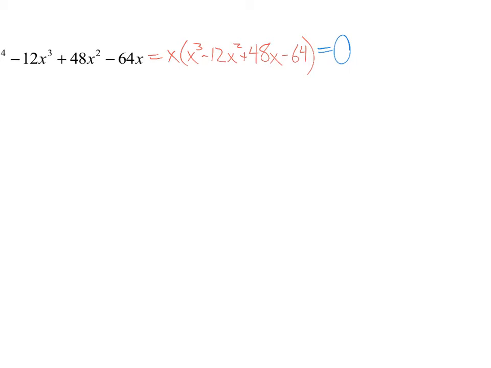Now this one here, unfortunately, if I factor it by grouping, I'm going to get x squared times x minus 12 plus, and I could take out a 16, 3x minus 4. These are not the same thing, so factoring by grouping isn't going to work here. Unfortunately, we're going to have to do something else.